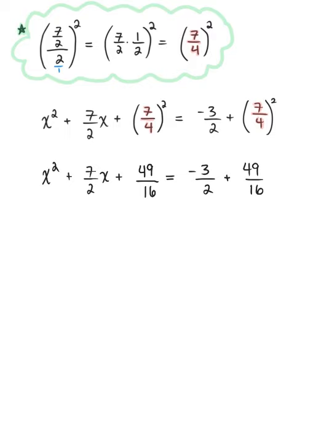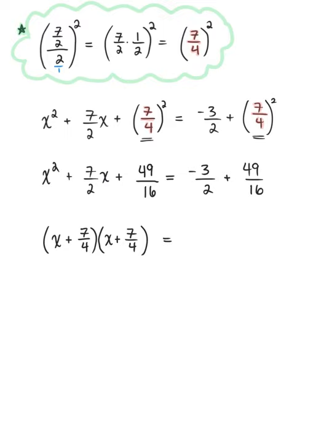Remember that 7/4 that we identified above? That's the perfect square. So we can rewrite the left-hand side in its factored form as x plus 7/4 times x plus 7/4. Woohoo! Now with the right-hand side here, we need to get a common denominator.